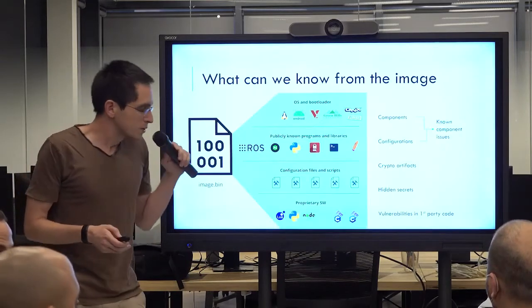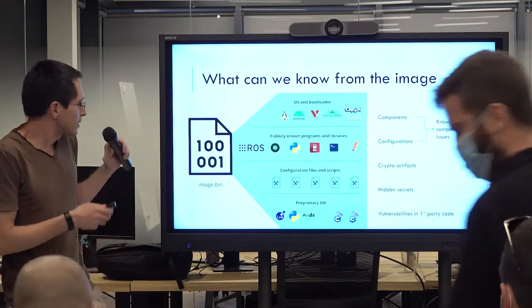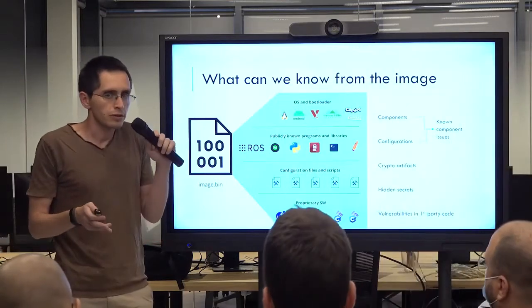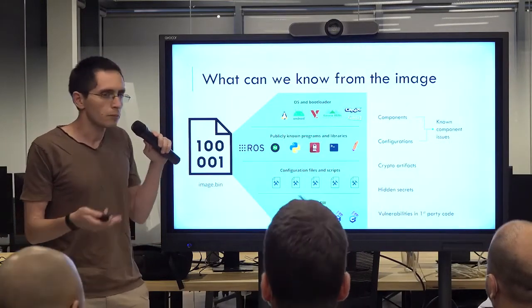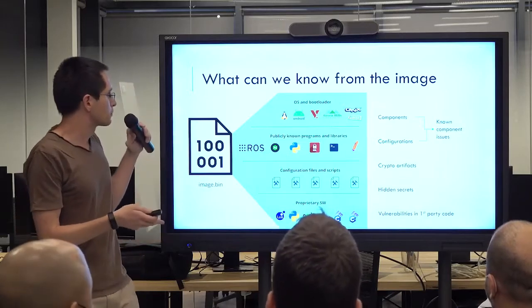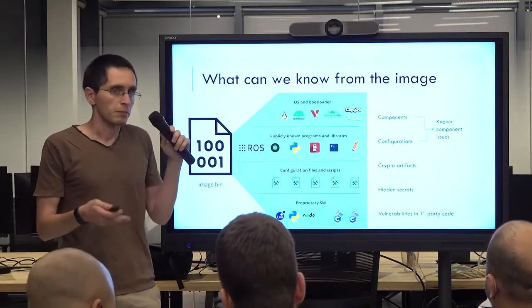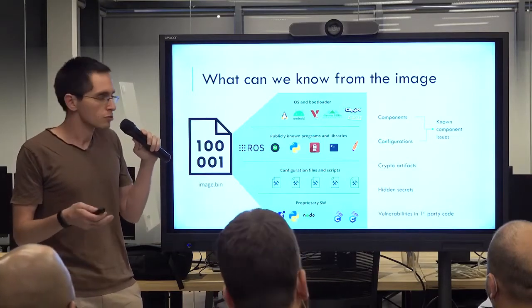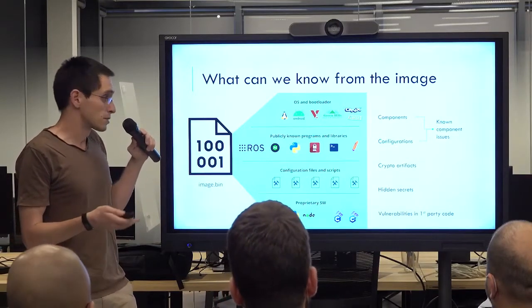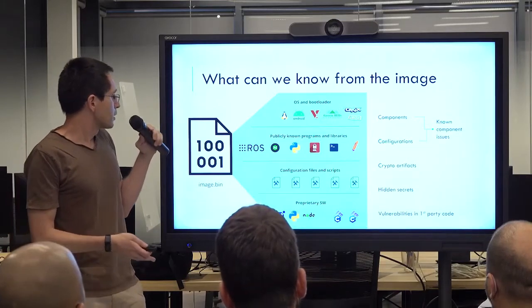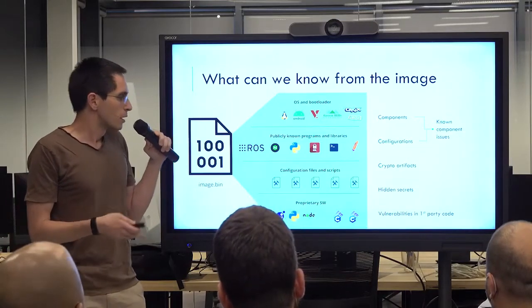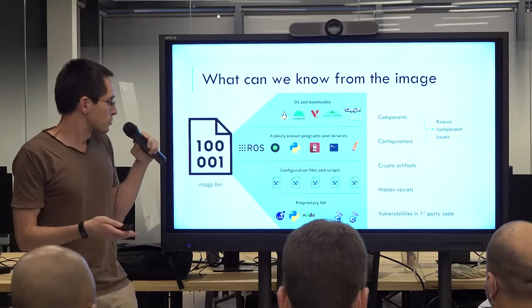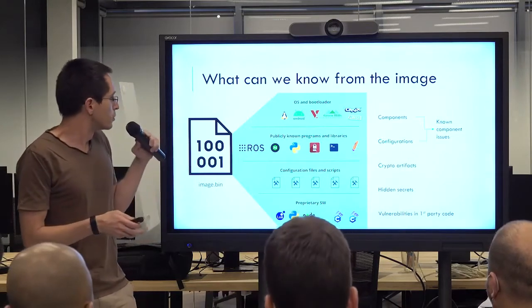So what's inside the image and how do we see it? Basically the image contains all there is to know about the software that the robot is going to run. It has some kind of operating system. Sometimes it's a real-time operating system, bundled together in the same image in a single file. Sometimes it's not. There are publicly known programs, there are their configurations, and there is some proprietary software. That's the general overview.